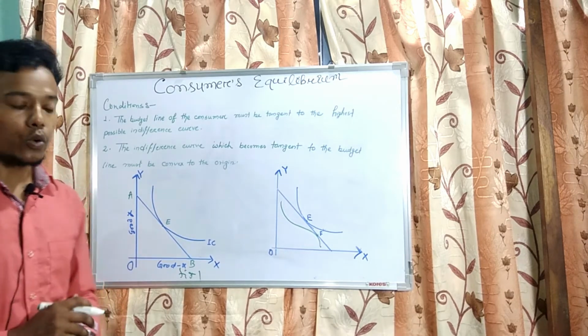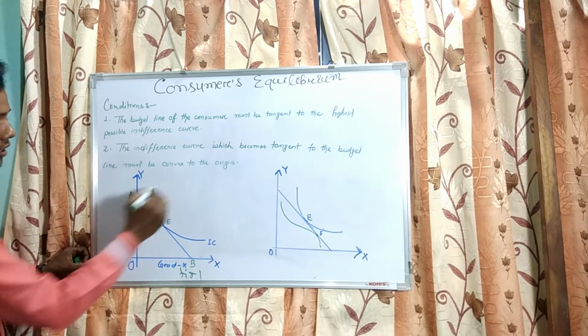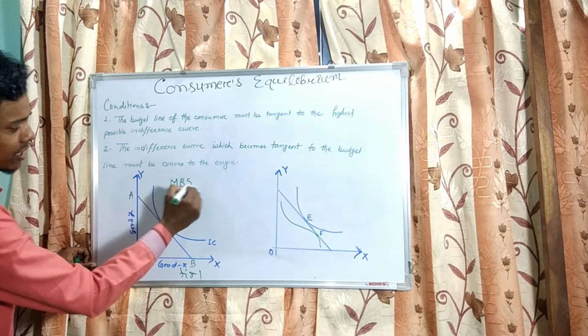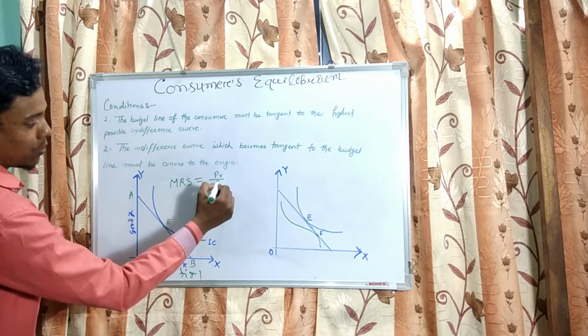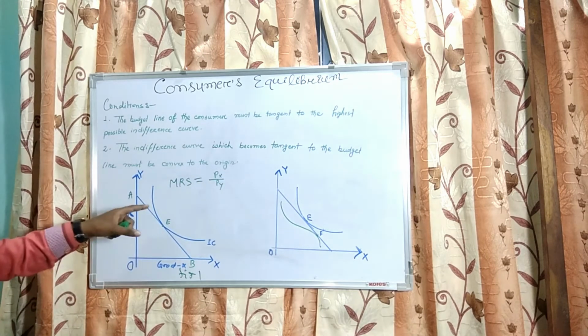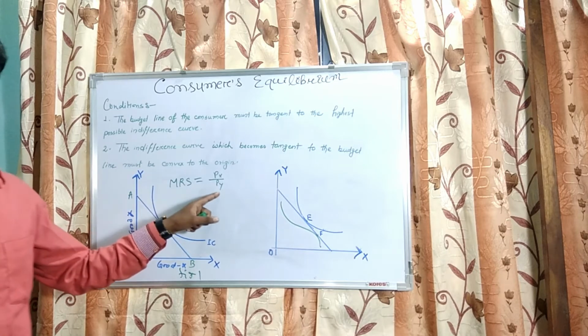And it is noted that at the point of equilibrium, the marginal rate of substitution is equal to Px by Py. That means the slope of the indifference curve should become equal to the slope of the budget line.